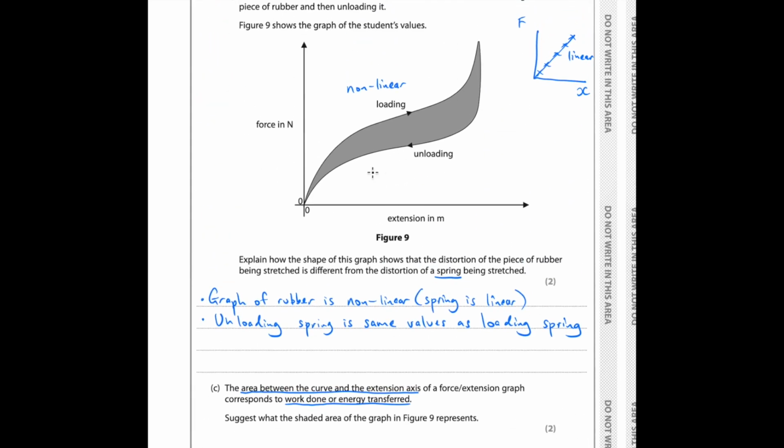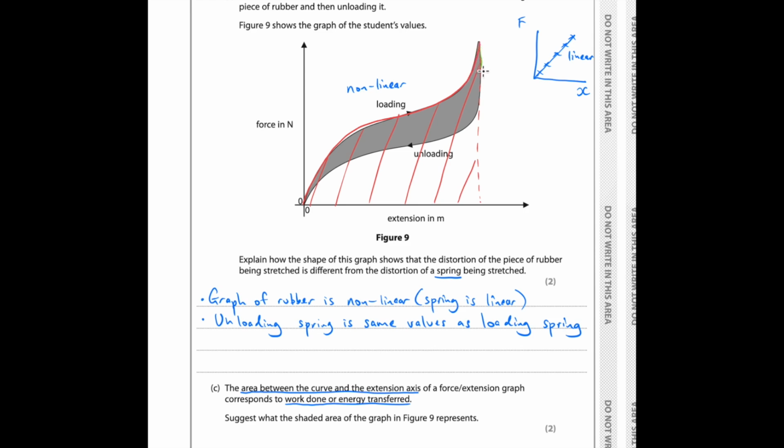Right. So as you're loading the graph, they're saying that the area between the curve and the extension axis, well, this is the extension axis, so all of this red area here, that represents the work done as you are loading it.